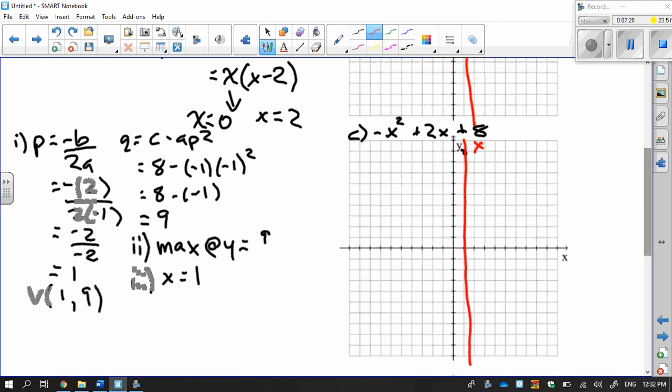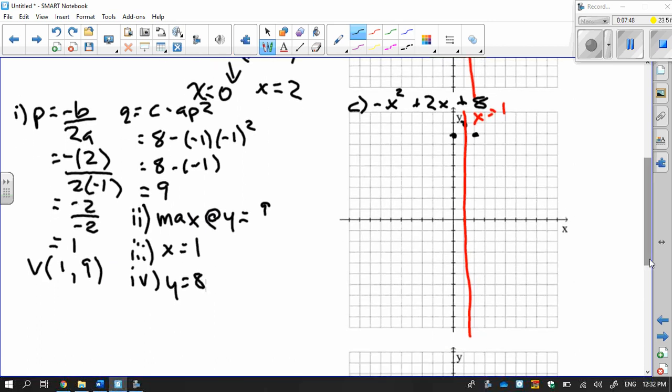And then we have to do some factoring here, or use your axis of symmetry. If it is possible to easily factor, you should, so we are going to. This shouldn't be too hard. So we will start by factoring out a negative. So x squared minus 2x minus 8. I need something that will multiply to -8 but add to -2, and those two numbers we are looking for should be -4 and 2.